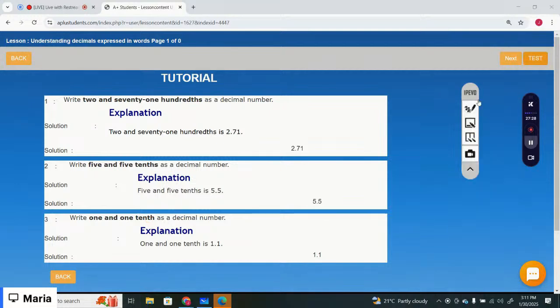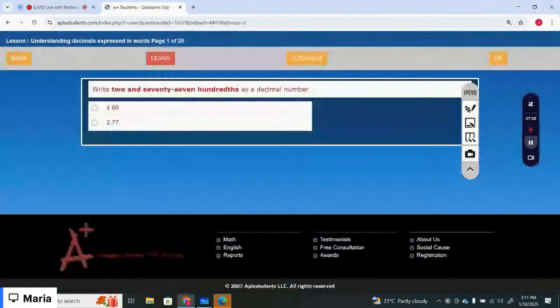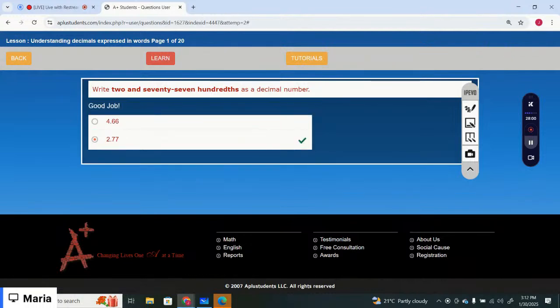Let's start with the test questions. Write 2 and 77 hundredths. So which is the correct option? 2 is the whole number and 77 hundredths is the decimal portion, that is 2.77. Option number 2 is the correct option.